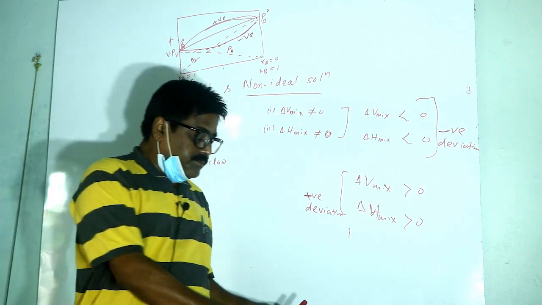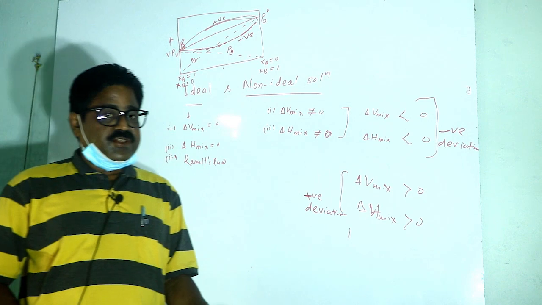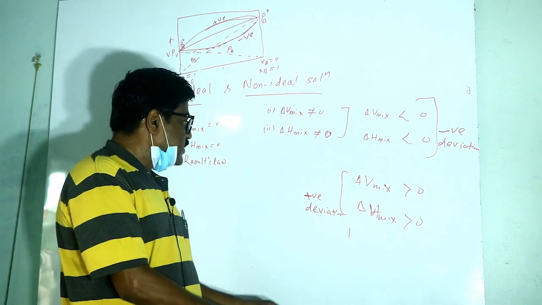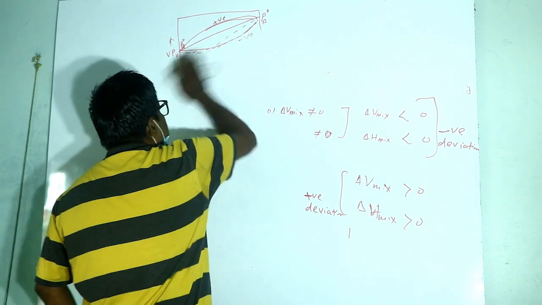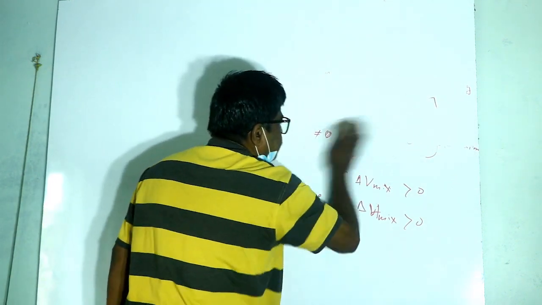Let us now discuss another concept of the solution chapter, that is called colligative property.